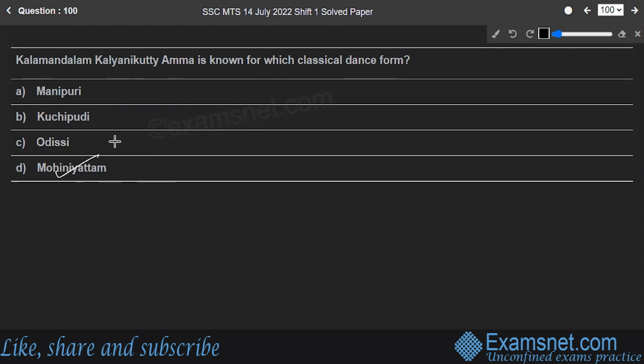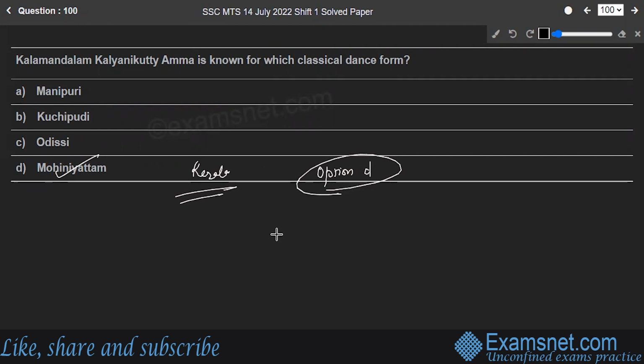She's from Kerala, India, and she used to live in the Malappuram region of Kerala, where she was keen in raising this dance form to the mainstream Indian classical dance by giving it formal structure and adornment. Mohiniyattam is an Indian classical dance that developed and remained popular in the state of Kerala. So, option D is the correct answer to the question.